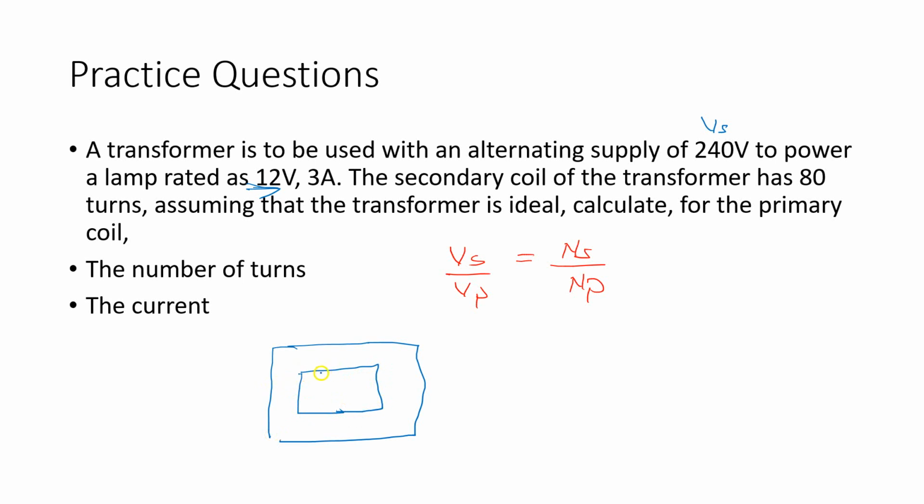As you can see, the voltage required at the secondary is 12 volts. So you're going to have fewer turns on the secondary, but on the primary you're going to have a lot more turns.